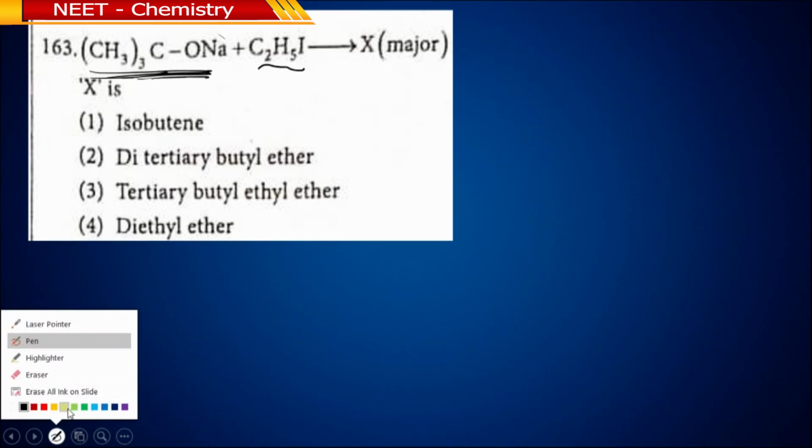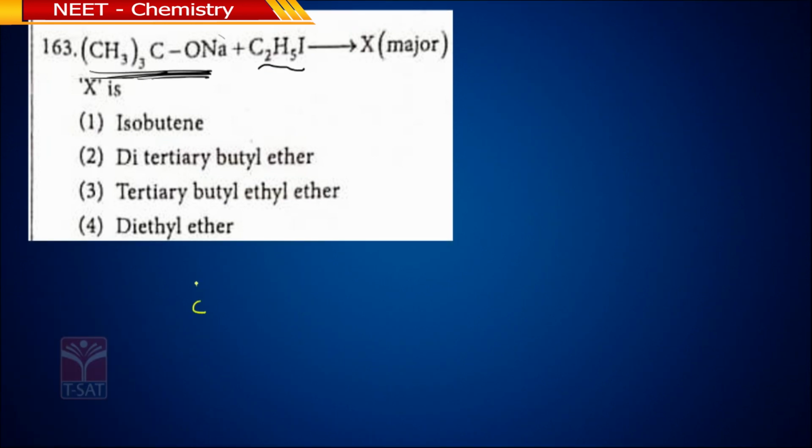It is a very simple reaction. I will expand this structure: CH3, CH3, CH3, O, sodium. This is sodium alkoxide, known as tertiary butoxide.